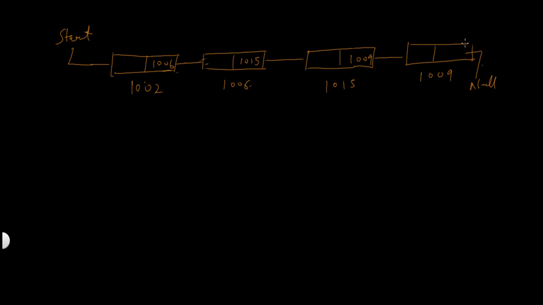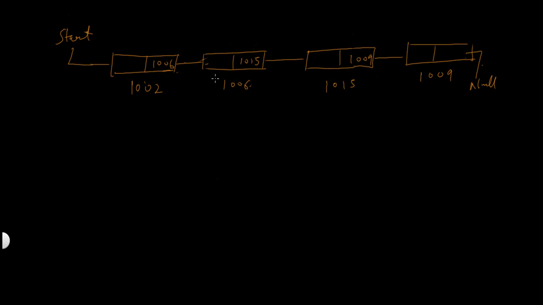Now if I delete the last node from this list, then this node becomes the last node, and the link part of this node should be null, because the link part of the last node should always be equal to null.